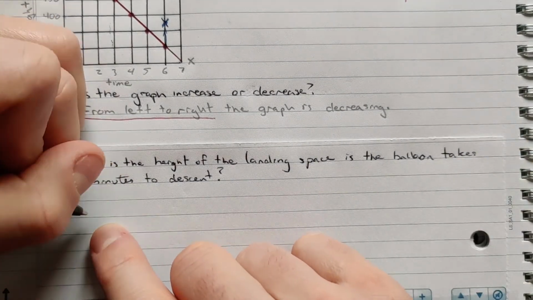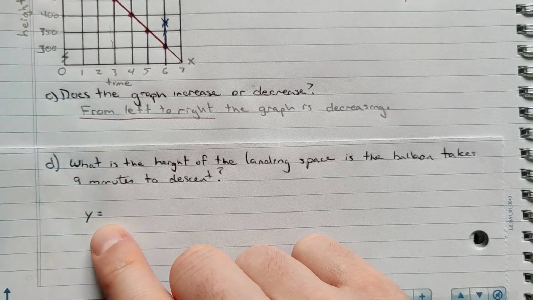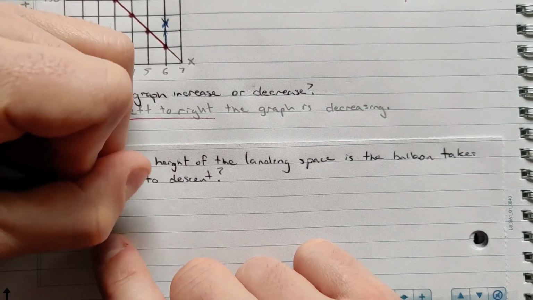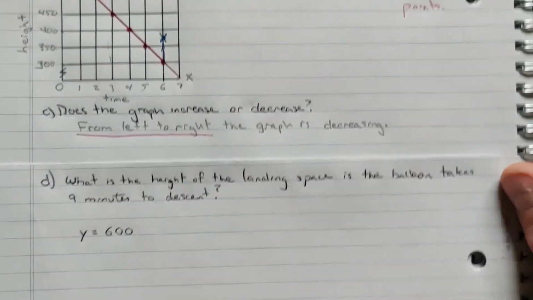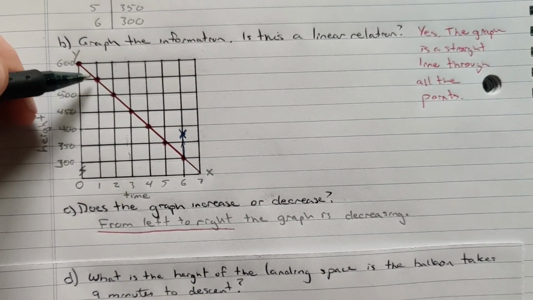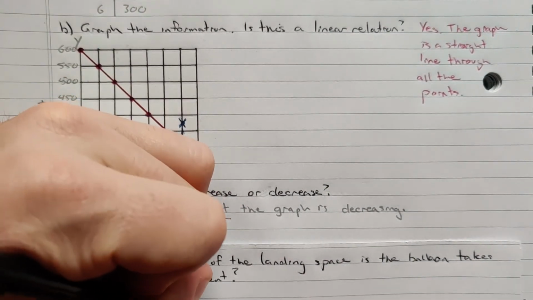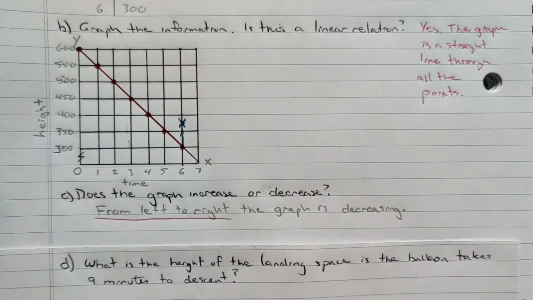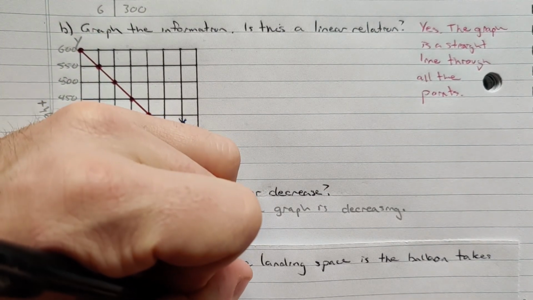So the height, which is y, at any time is equal to 600, our starting height, right? We started at 600, minus 50 times the number of minutes, or times t.